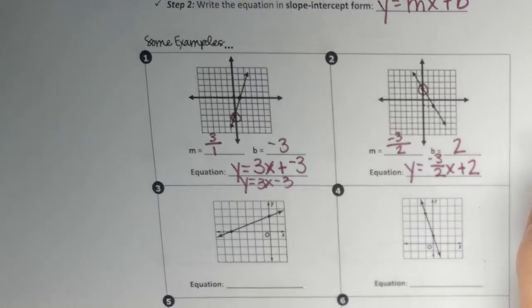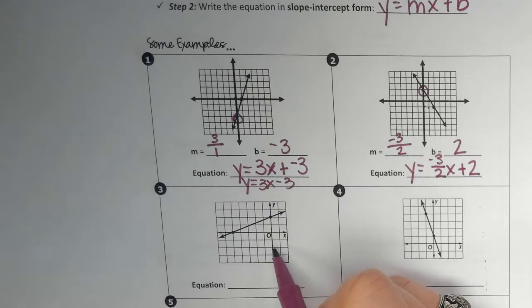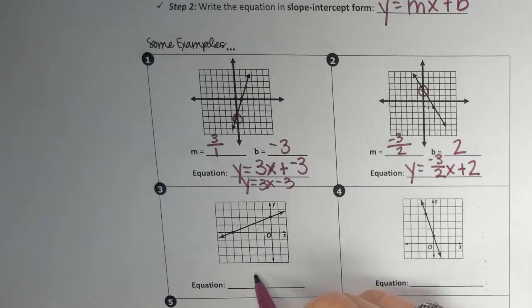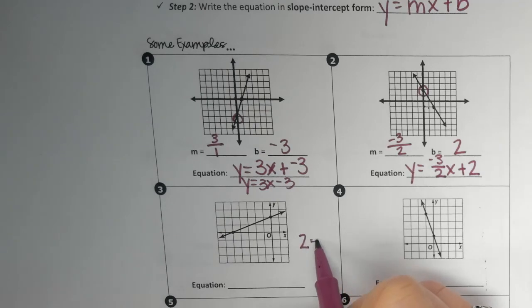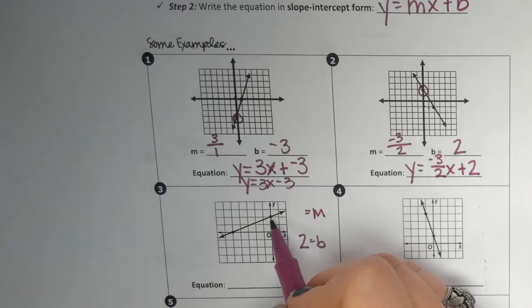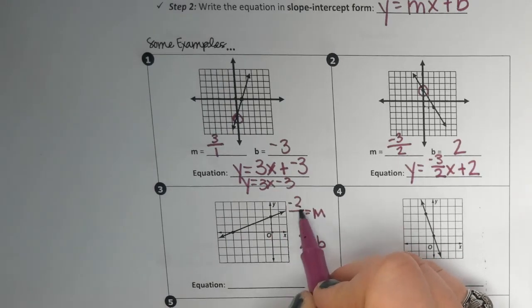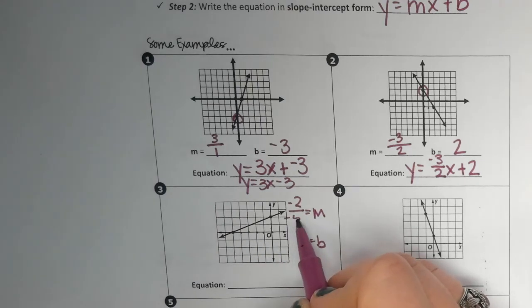All right, so let's look at this next one. It crosses the y-axis at 2. That's our b. And then our m is negative 2 over negative 5.